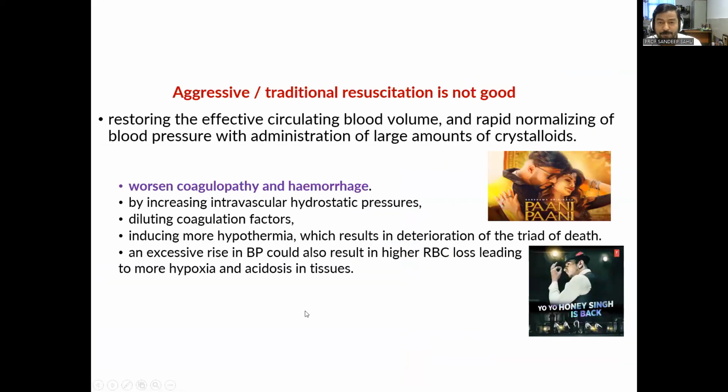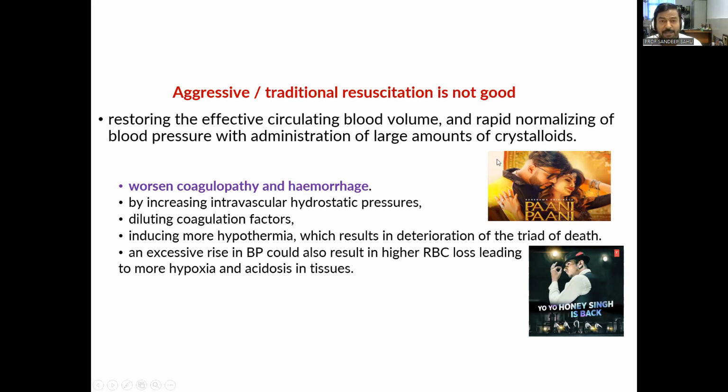If you are managing blood pressure in hemorrhagic shock by giving excessive fluid, 3 liters, 4 liters, or even more than 1 liter, because you want to restore the blood volume, this fluid will not stay there. It will go out from the body in the next 1 hour.